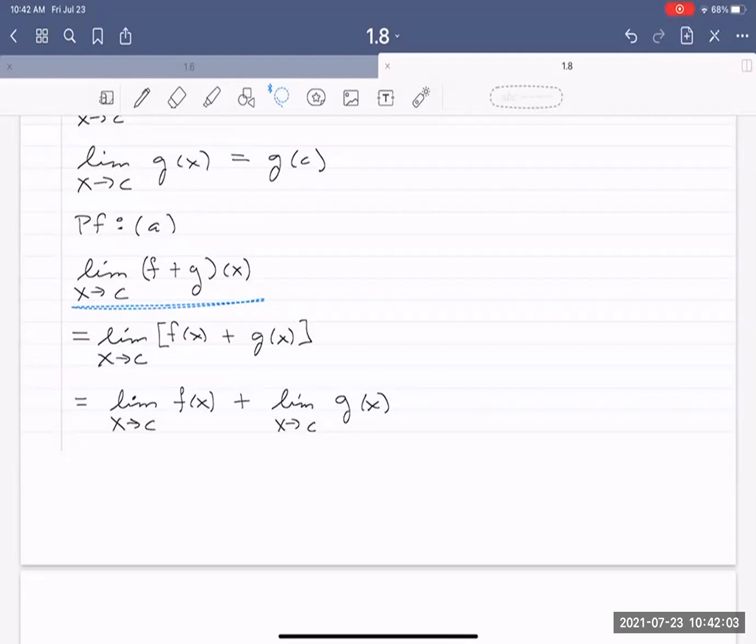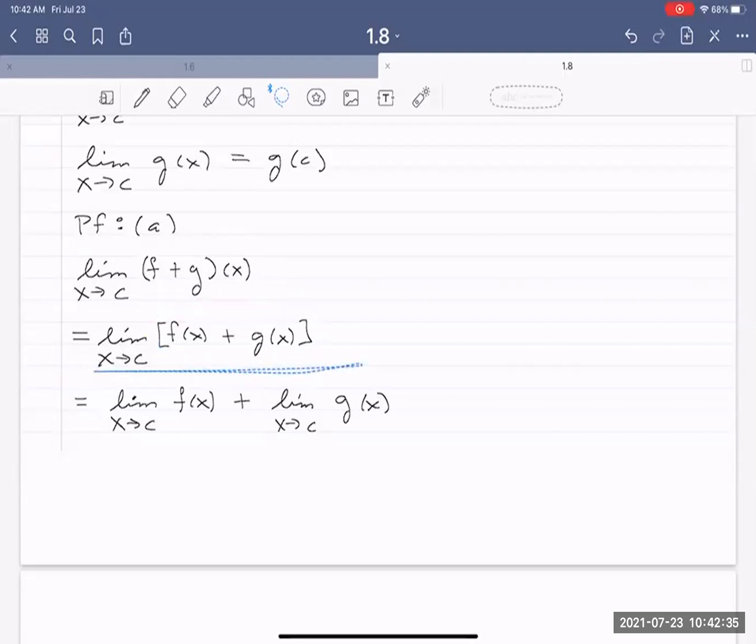Well, by the big theorem in section 1.7, limit as x approaches c of f plus g at x, since we define these pointwise, is just f of x plus g of x.